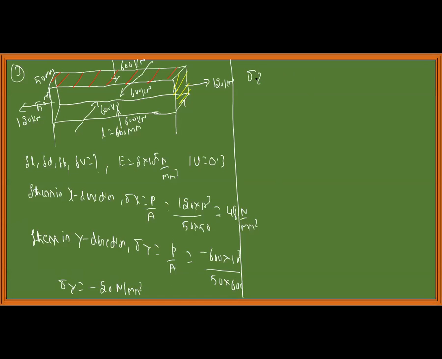Sigma Z, which is equal to P by A, which is equal to minus 600 into 10 power 3 divided by this area of cross section.